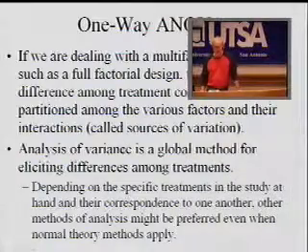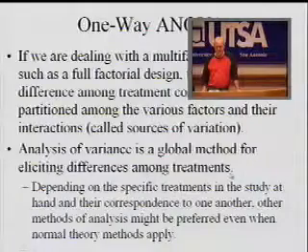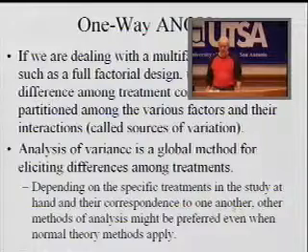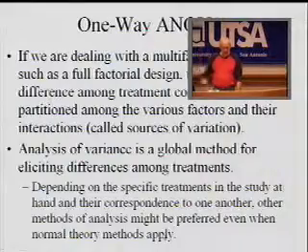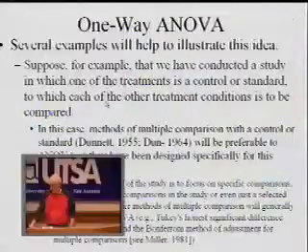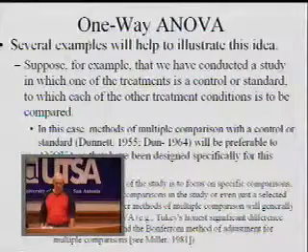The analysis of variance is a global method for eliciting differences among those treatments, and depending on the specific treatments in the study at hand and their correspondence to one another, other methods of analysis might be preferred even when normal theory methods apply. So we saw that there's that little dashed line that might take us someplace else to look at our data from other approaches.